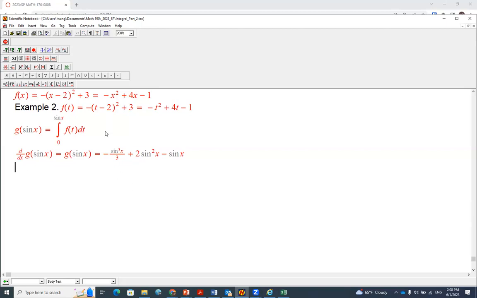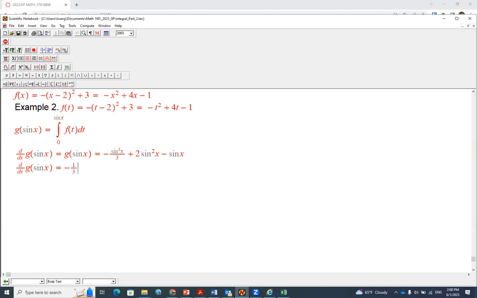You can do it two ways. One way is to work with this one directly. If you know what G is, you take a derivative of each one of them. Of course, we're going to use a chain rule.